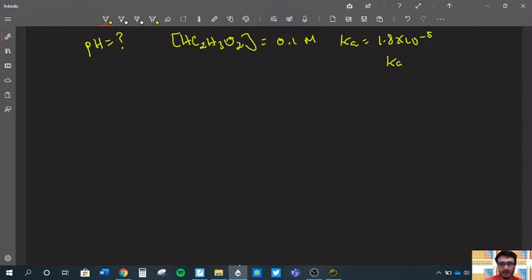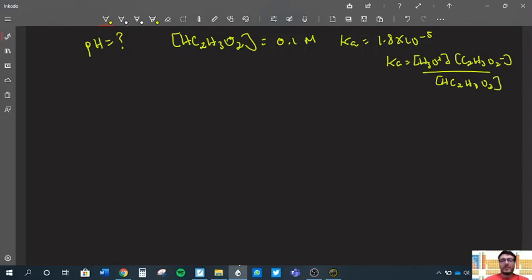Our Ka expression is from the ionization of this weak acid.